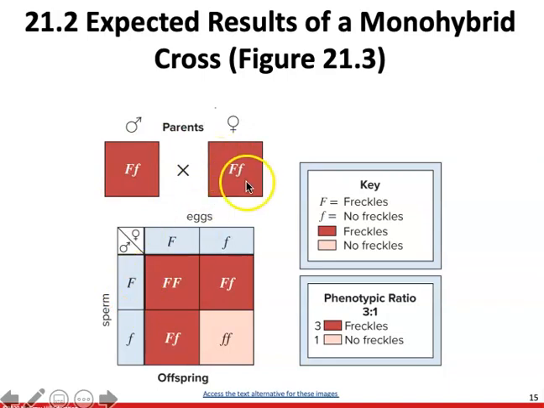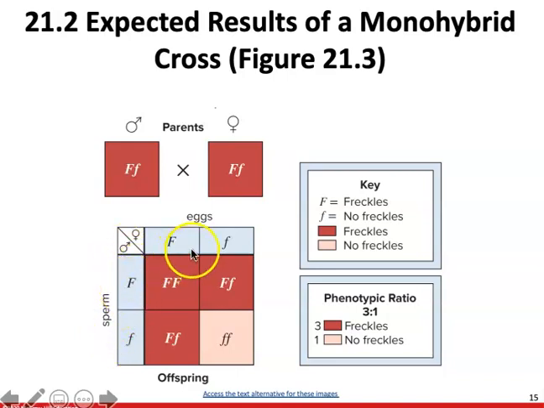The mother is also going to have a big F and a little f. She is also heterozygous. So her eggs will contain either the big F or a little f. Can't be both, it will be one or the other. So if mother produces one egg that has a big F and one egg that has a little f, and the father produces a sperm with a big F or a little f, they could combine in any of the following ways.